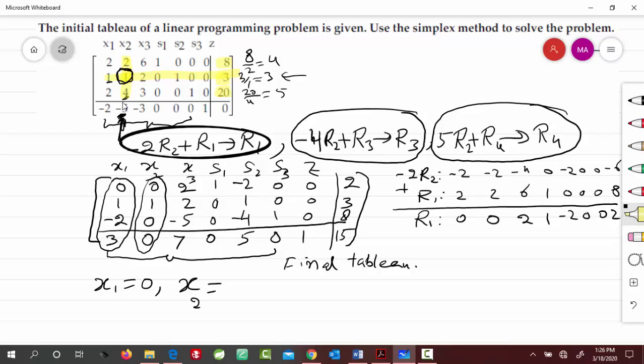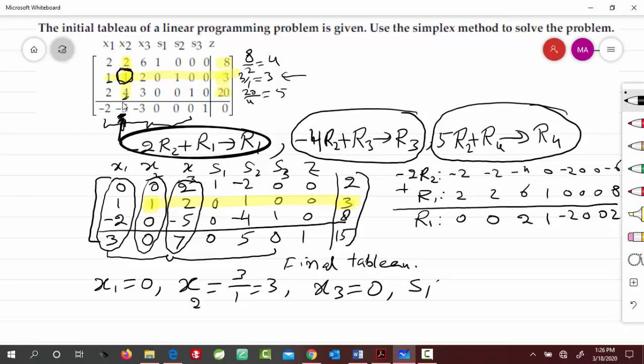This non-zero number is in this row. To find the value of x2, you look for the last number in this row, which is 3, and divide it by this 1. So its value is 3 divided by 1, which is equal to 3. Similarly for x3, you see in this column more than one non-zero number, so it is 0.